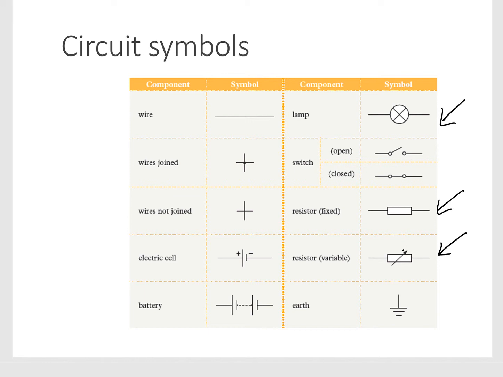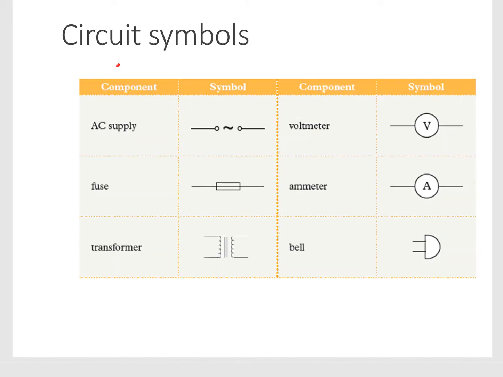These two are very similar to another symbol here, which is the fuse. As you can see, the fuse has a line drawn in between. The voltmeter and ammeter are the equipment that we use to measure voltage and current. And this is a symbol to represent alternating current supply.